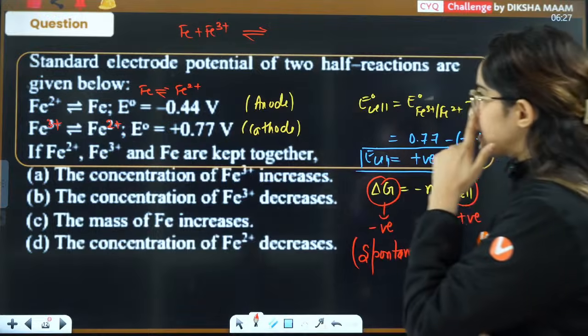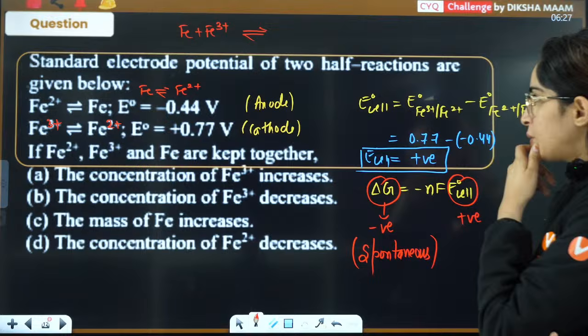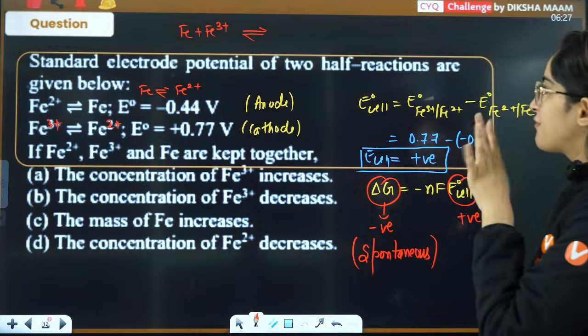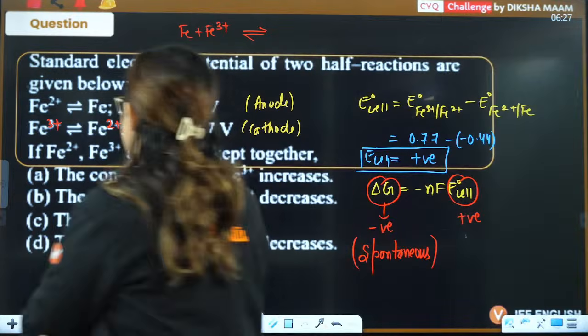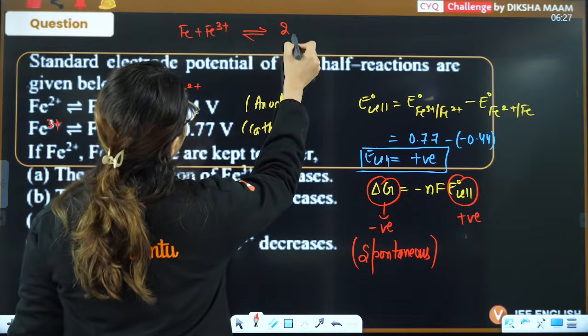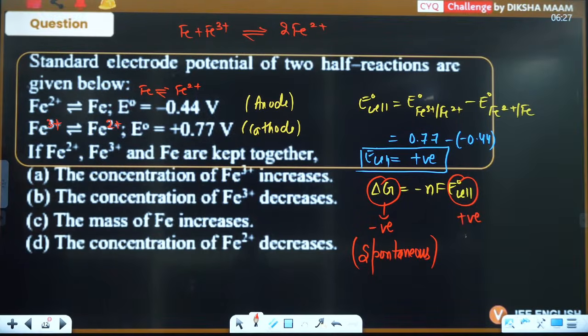At the anode there will be loss of electrons. Loss of electrons means Fe to Fe2 positive. This is going to be gain of electrons, meaning Fe3 positive to Fe2 positive. So this will be Fe3 positive, Fe2 positive, right? Wait a minute.